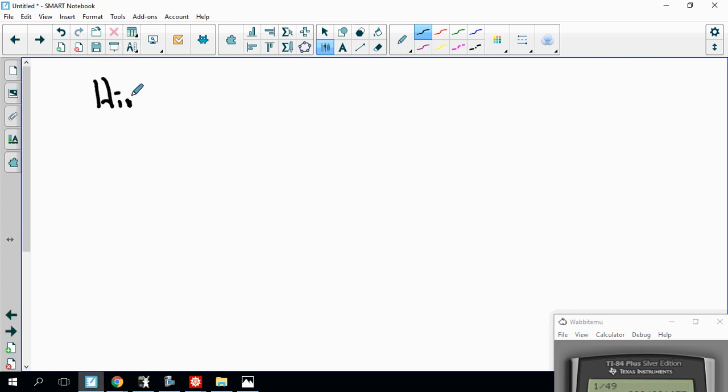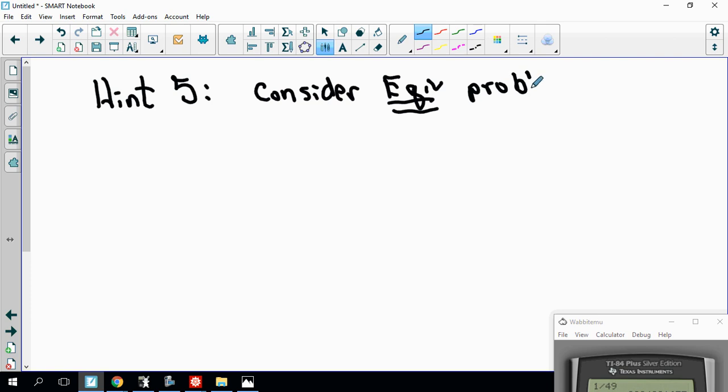Hint 5. Consider equivalent problems with simpler answers.